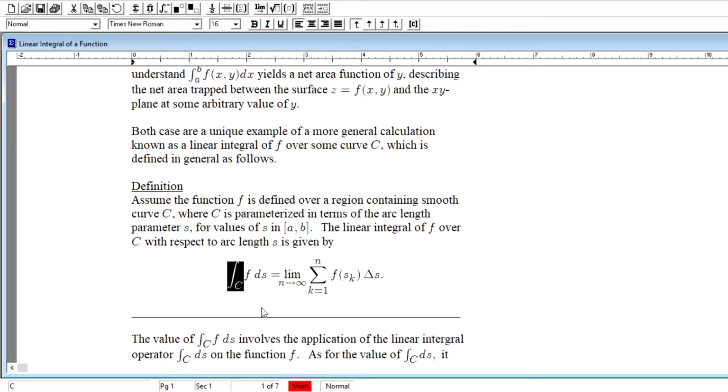All right? So folks, that is my first bit of lecture here in our last topic in the study of Calculus 3 material, where we are just beginning with the beginnings of vector calculus.